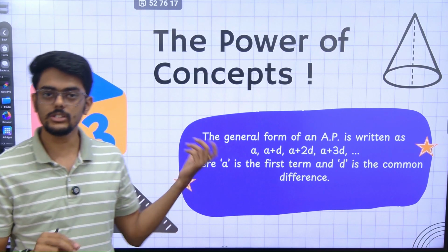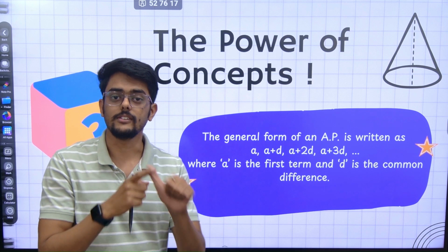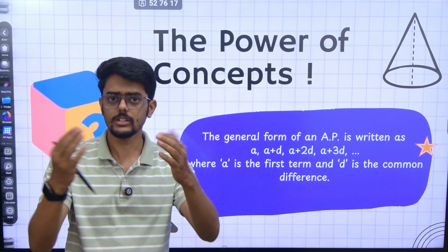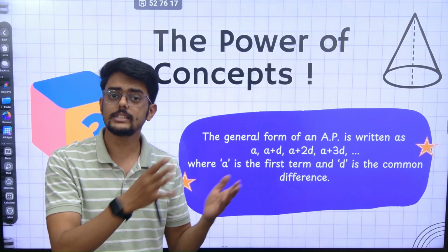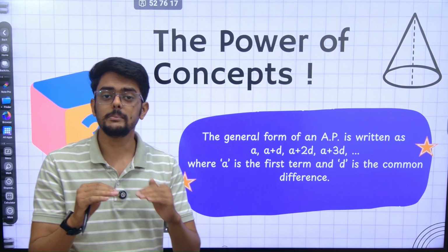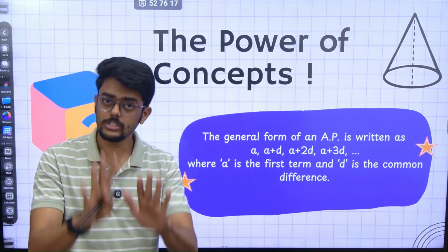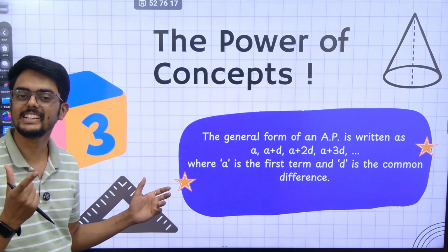And whenever you are solving or learning something, try to question yourself: why and how? Even ask the teacher. Try to ask your mentor how these things came about, what is the basic, so that the basics develop within you as well. Okay, and you will be able to solve these things very quickly and easily.